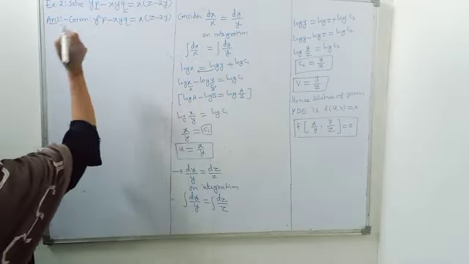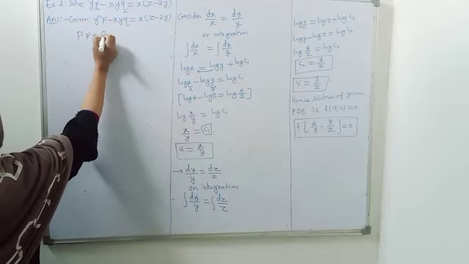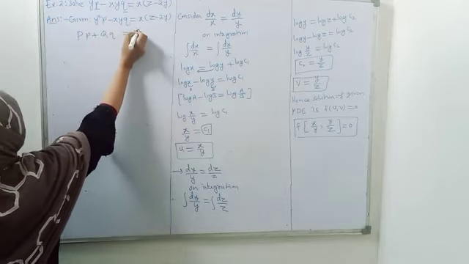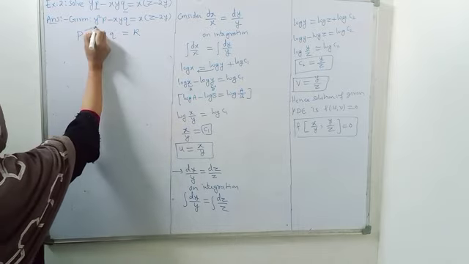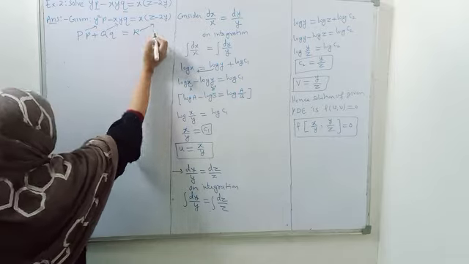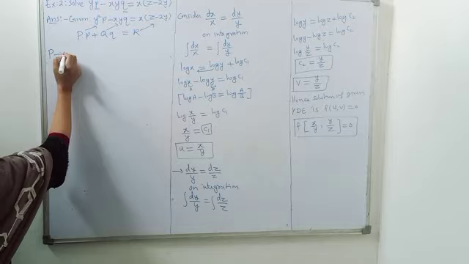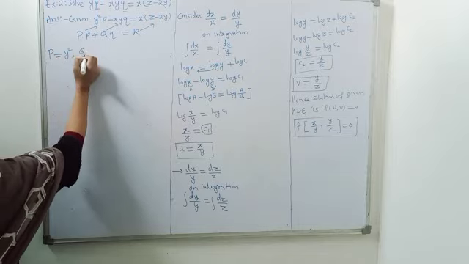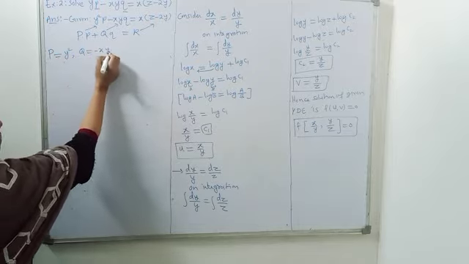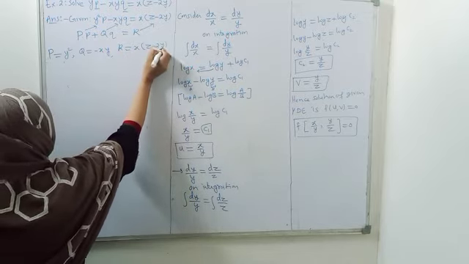Now just compare it with capital P into p plus capital Q into q is equal to capital R. Here capital P is y square, capital Q is minus xy, and capital R is x times z minus 2y.